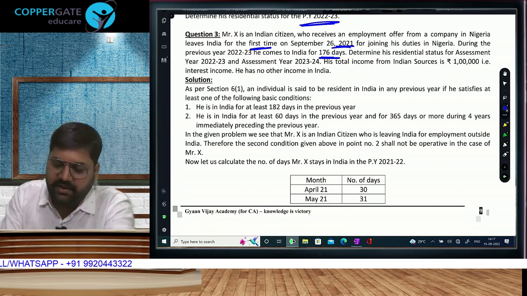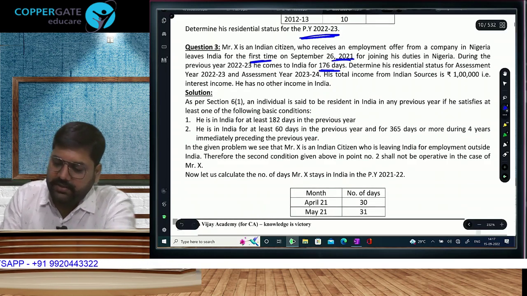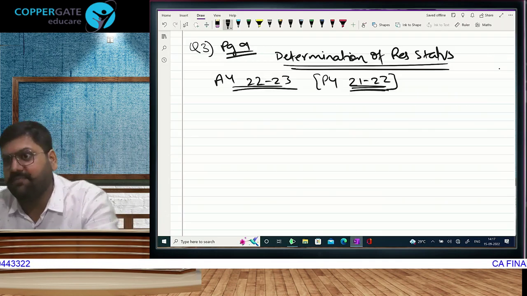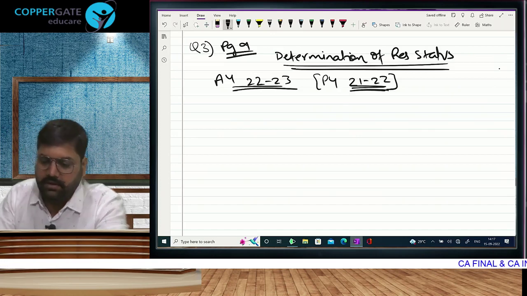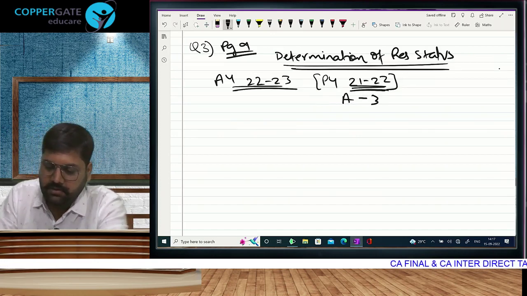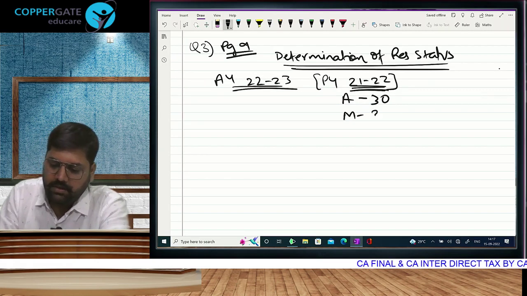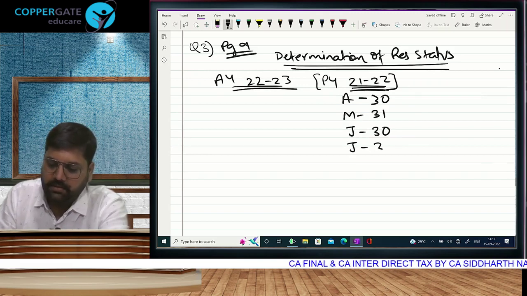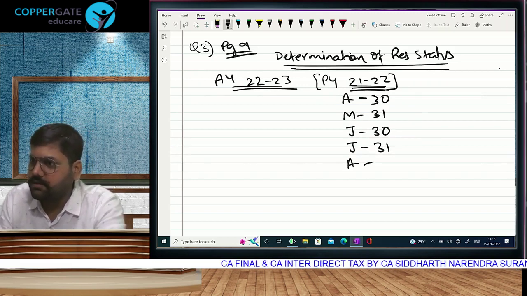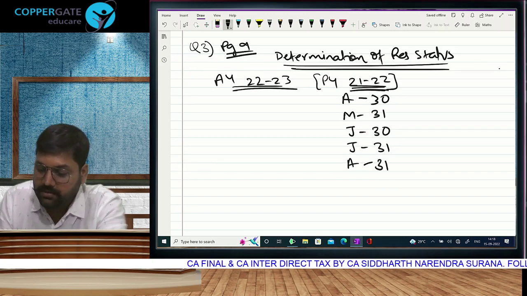21-22 में he has left India on 26 September. That means, do you understand at the beginning where was he? India. So April में how many days he spent in India? 30 days. May में 31. June में, July में, August, ये 2 महीना बैक टू बैक 31 होता है क्या? नहीं, जस्ट चेकिंग.